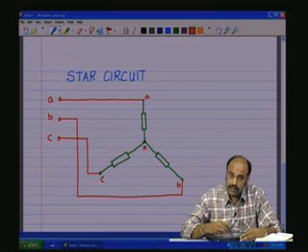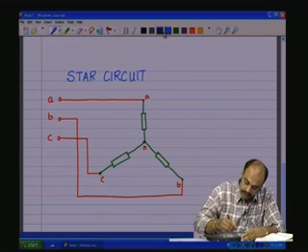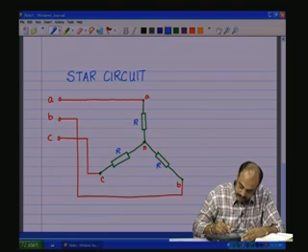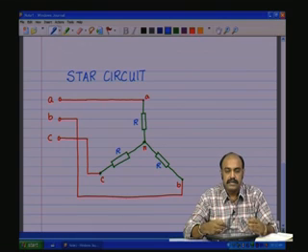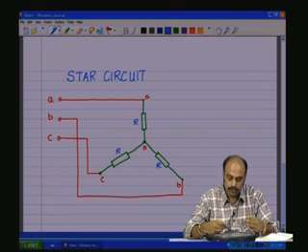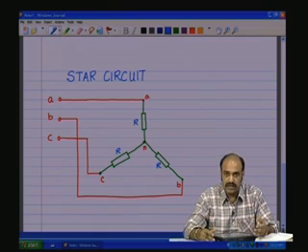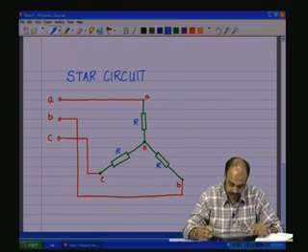Now, we saw that the neutral is not brought out because in a balanced 3-phase load, meaning where all the 3 loads are equal and same, the instantaneous current, that is the sum of IA plus IB plus IC which flows through the neutral wire to complete the circuit, that is the 4th wire, is always equal to 0, and therefore, we can effectively remove the 4th wire, that is the neutral wire.